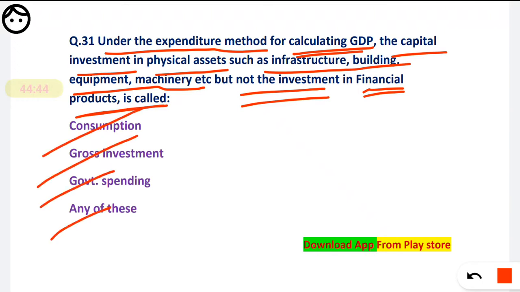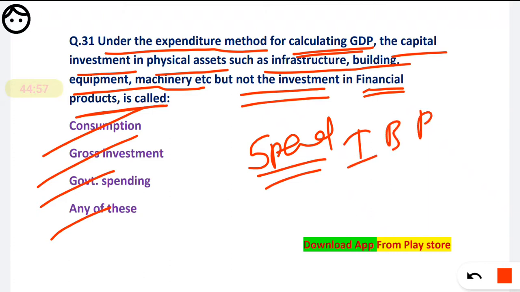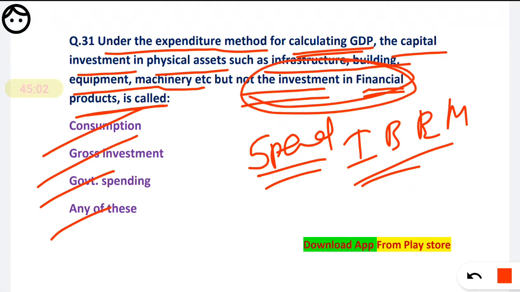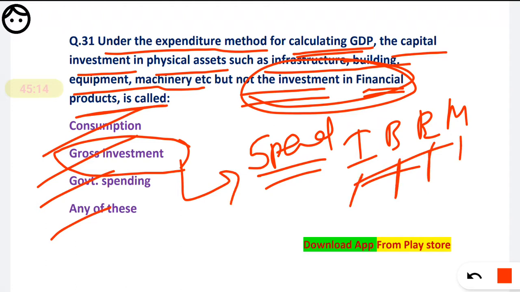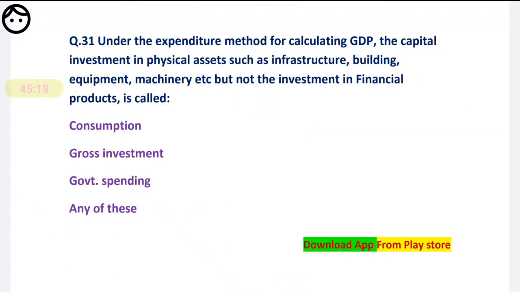So friends, remember, the spending on infrastructure, building, equipment, machinery, but not on financial products, is called government investment. For the 31st it is called government investment, because government generally invests in infrastructure, buildings, plant and machinery, but not in financial products.